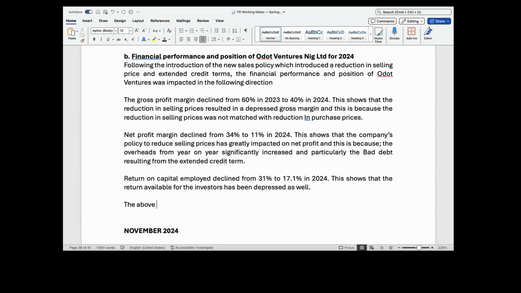So the above analysis shows that the financial performance of the company has declined.